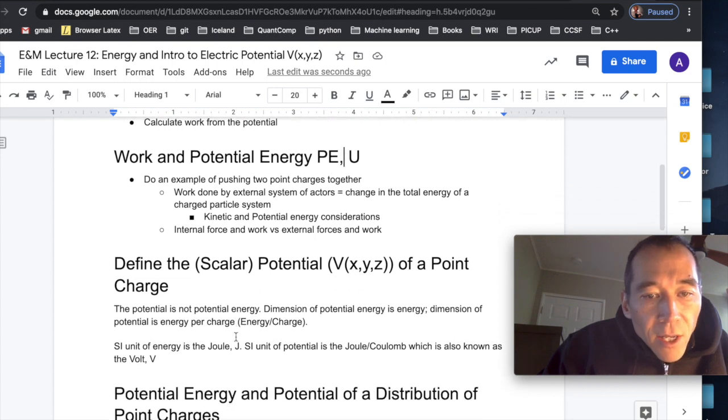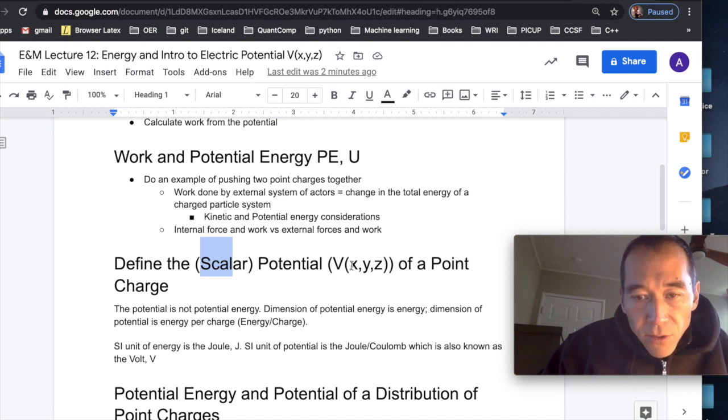After that, we'll define this function. You'll notice that it is a scalar function. That is, there is no little vector symbol above the capital V. So it's a physical scalar function of space, the XYZ coordinates of space. We'll imagine a point charge, and we'll talk about the potential of that point charge, the electric potential.